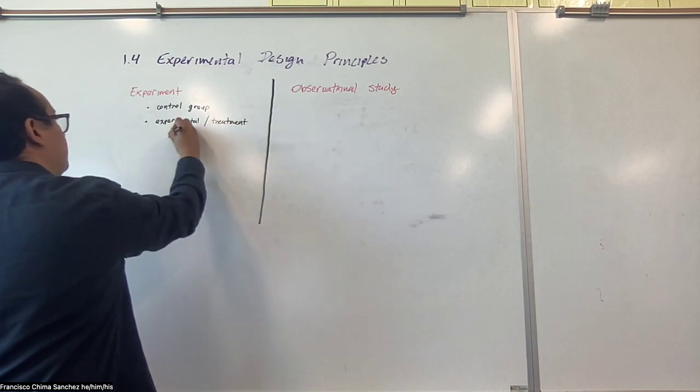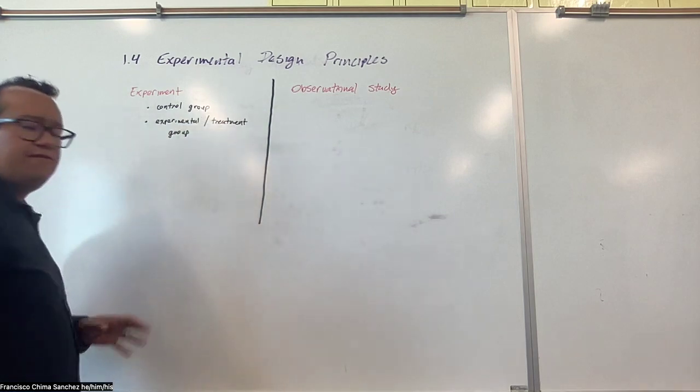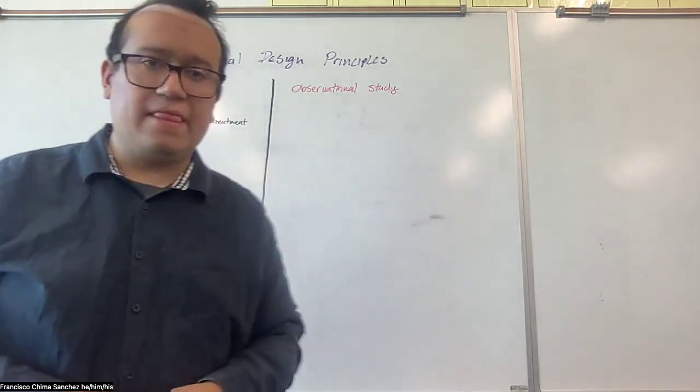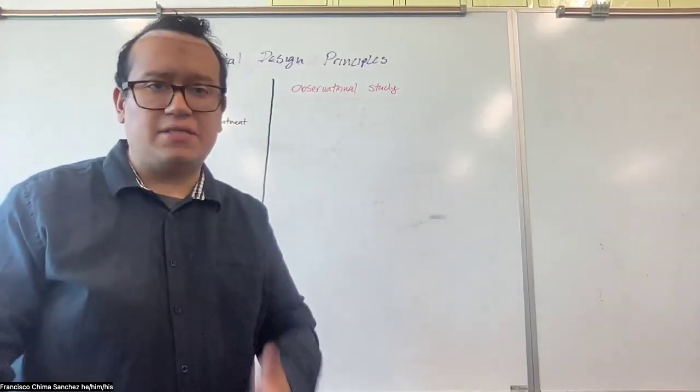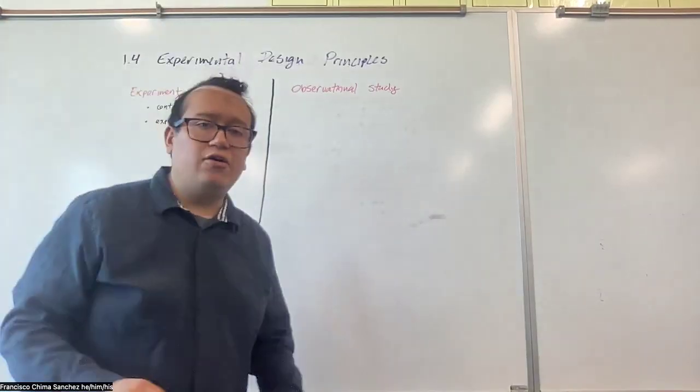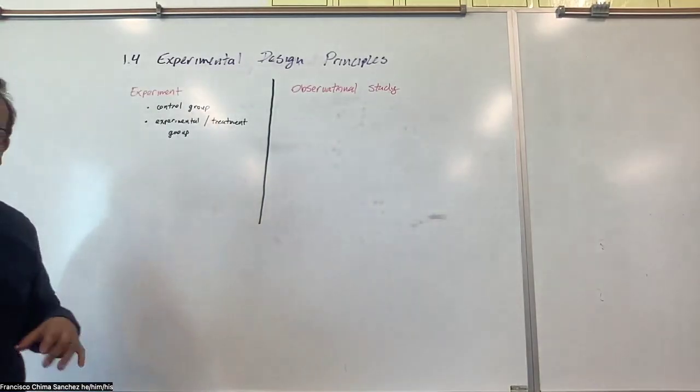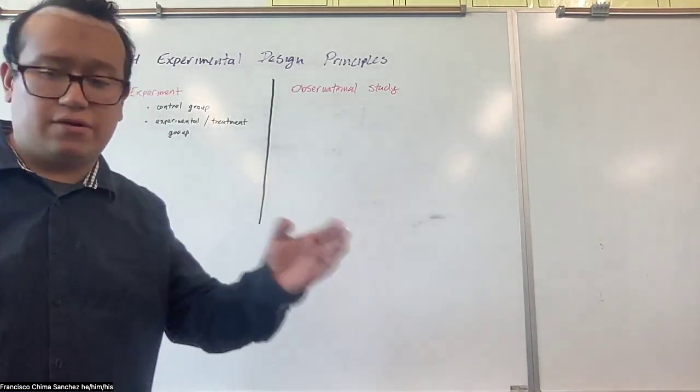What's important here is that we're going to have a group of subjects that are going to participate. And it doesn't necessarily have to be people, of course, but for our purposes, we'll discuss it in terms of people. And they'll be sorted into one or the other. And they'll be randomly assigned to one or the other.